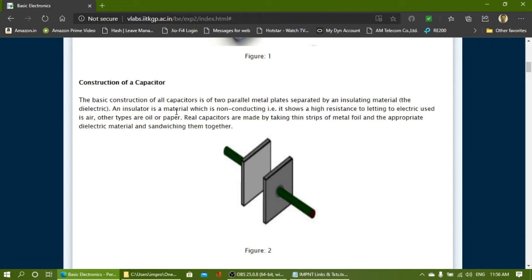An insulator is a material which is non-conducting, that is, it shows high resistance, such as air and other types of oil, paper, and so on.